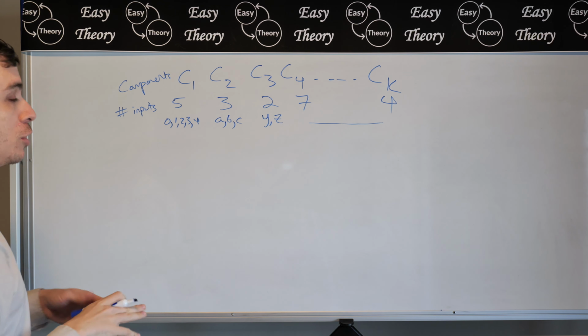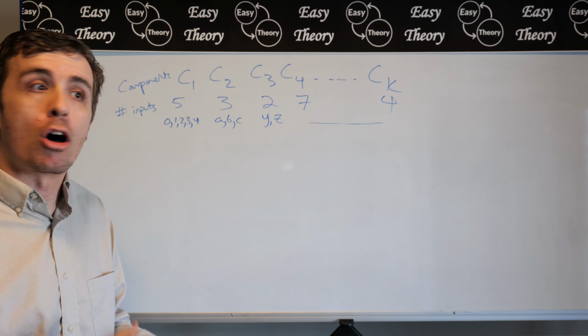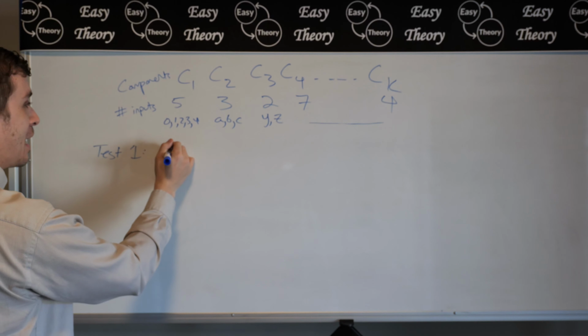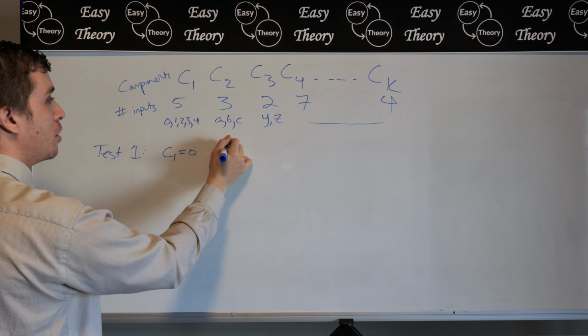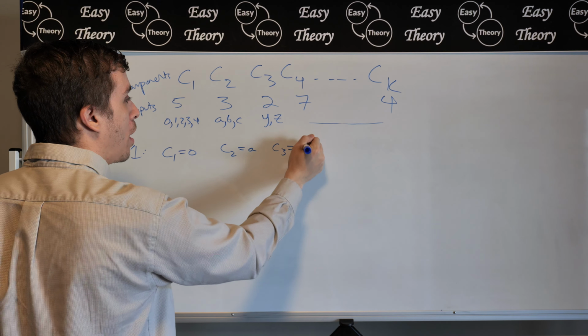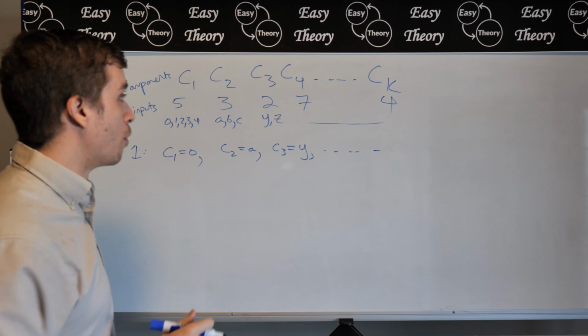To assert that this software really does the correct thing, let's just try all possibilities. Let's create a test right here. So test 1: C1 set to 0, C2 set to A, C3 set to Y, and then we just carry on for all of the other components that way.